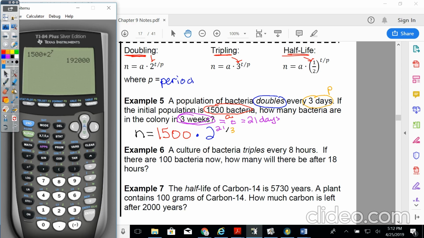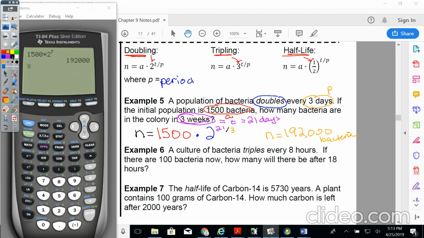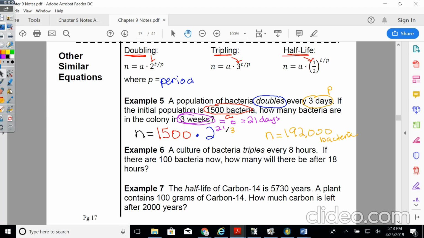So then there are 192,000 bacteria. All right, so here it's actually 100% growth that the R value would be, because 1 plus 1 is 2. So if you wanted to get the R, you could, but when it doubles, that's 100% that it's growing.